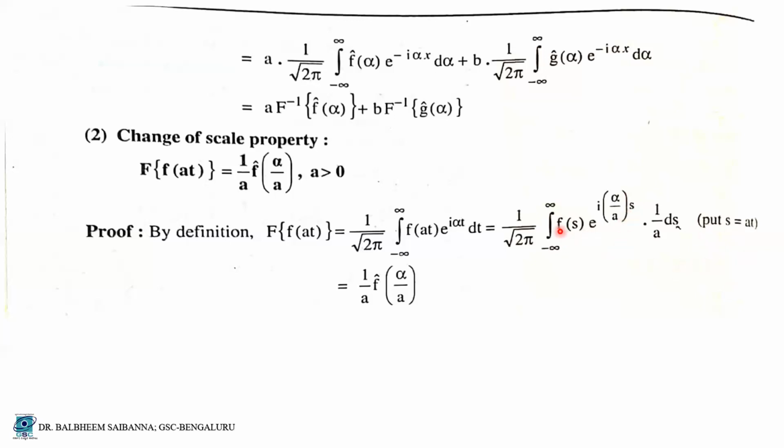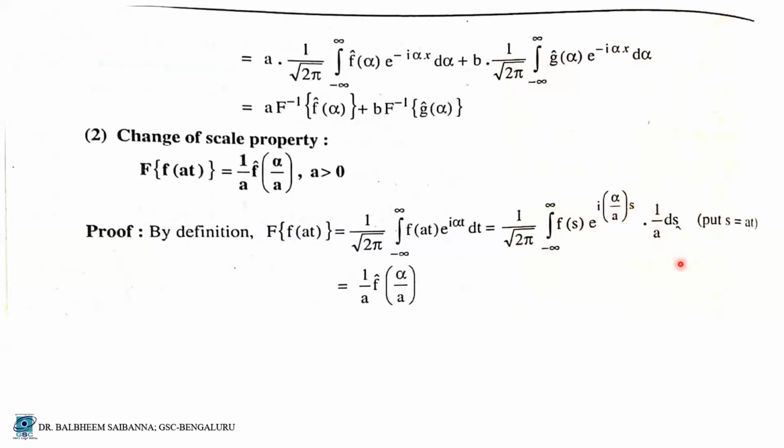Here f of at means f of s, since at is equal to s, and we write e to the power of i times alpha by a. What is t? t is s by a. Writing s outside, we get i alpha s by a, that is, e to the power of i alpha by a into s.